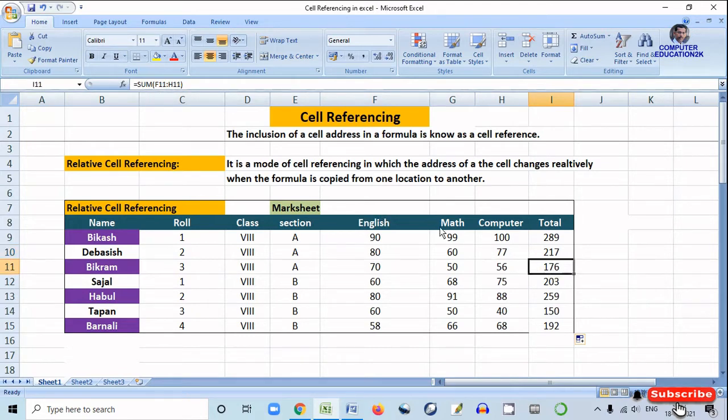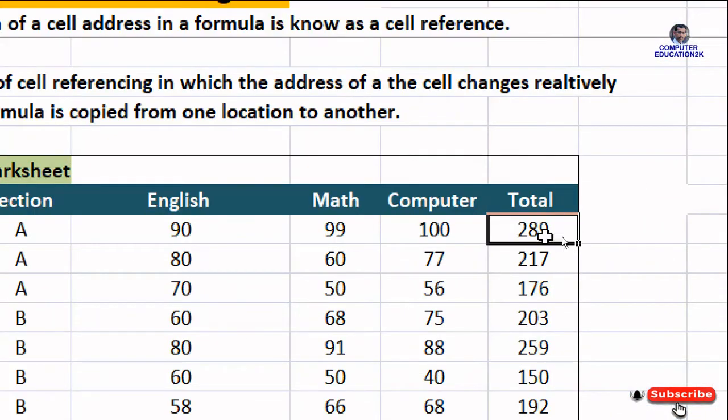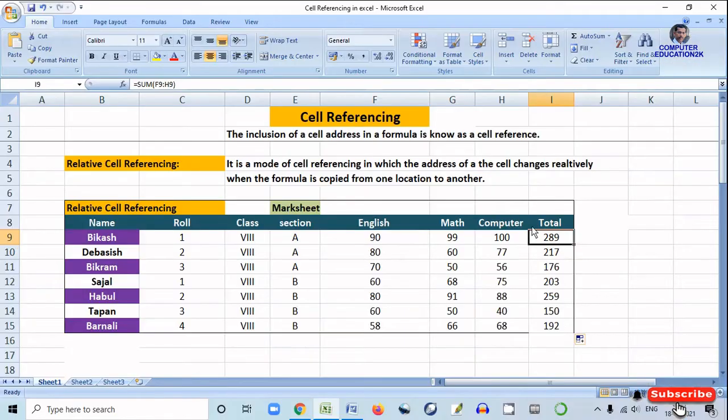Next cell, you can see it is F11 H11. Next cell, it is F12 H12. Next cell, it is F13 H13. So this way the formula has been copied and the cell reference has changed from one location to another location. The formula that you have written over here was equals to SUM F9 colon H9.